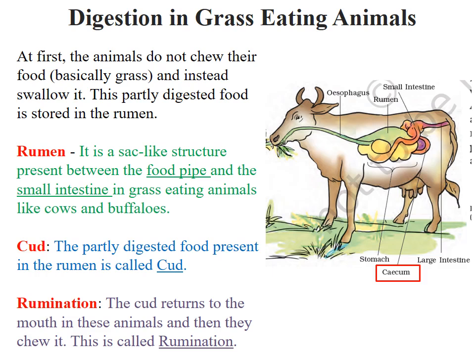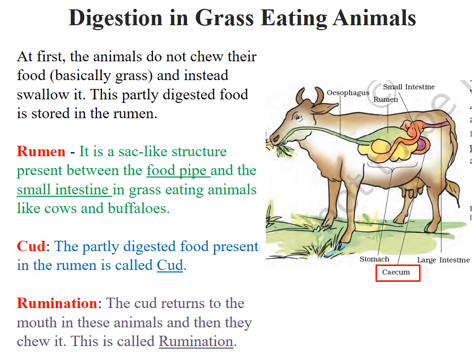How does rumination take place? The cud returns to the mouth in these animals, and then they chew it. So what is rumination? When the cud returns to the mouth and they chew it, that is called rumination.